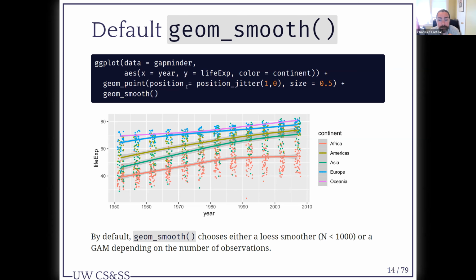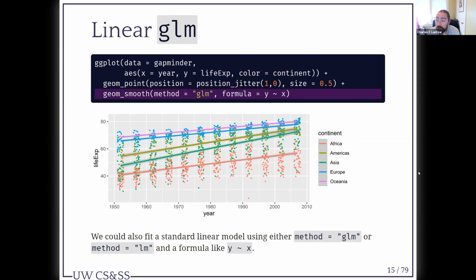We've done this a bunch. You can change this, though. If I take the exact same syntax for the ggplot, but in geom_smooth I instead say my method should be a generalized linear model, and my formula should be y tilde x, that is the y-axis variable regressed on the x-axis variable, this is now displaying the results from a generalized linear model, which defaults to being a linear regression model.